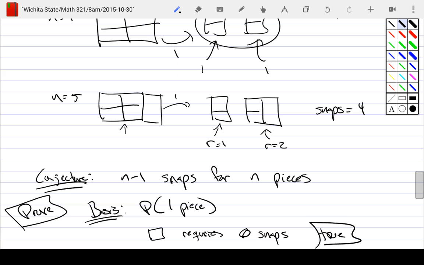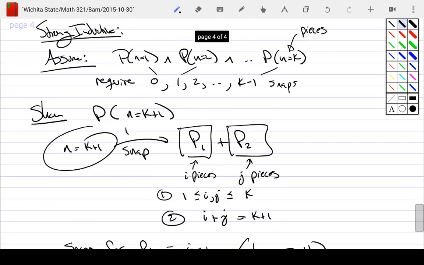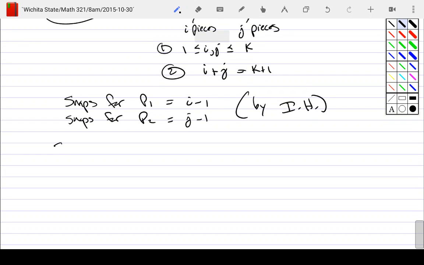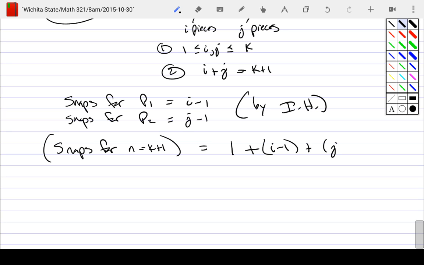Add all the snaps together. 1 plus 2, I get 4. So, what are these snaps? 1 plus I minus 1, for n equal to K plus 1, are 1 plus I minus 1 plus J minus 1.